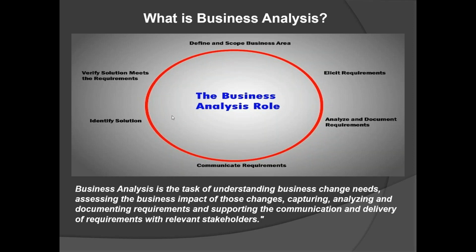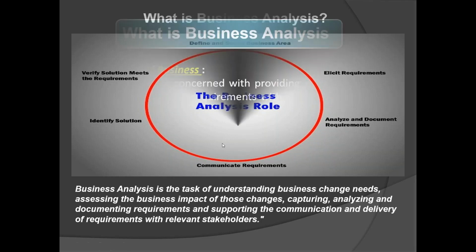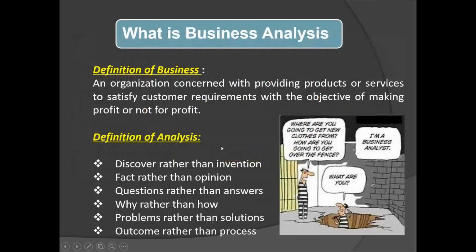Okay. Now, if we divide this business analysis into two words, you are going to get two definitions: one for business and another for analysis. The definition of business goes like this: an organization concerned with providing products or services to satisfy customer requirements with the objective of making profit or not for profit. That means we are going to work as a BA for any project, whether profitable or not profitable.